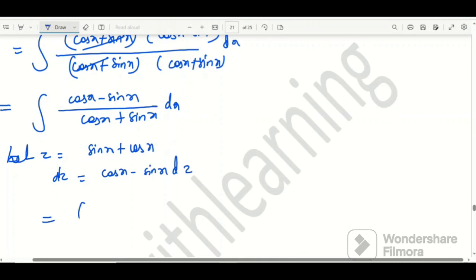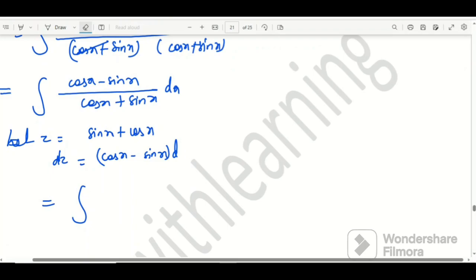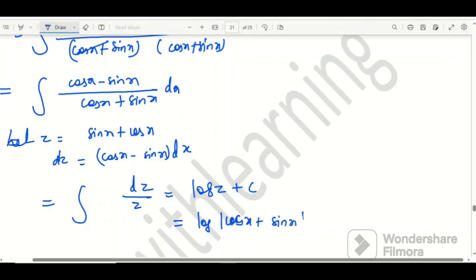So equal to, we can replace this whole term by dz. So dz upon z, it will be log z plus c, and the value of z is log cos x plus sin x plus c, answer.